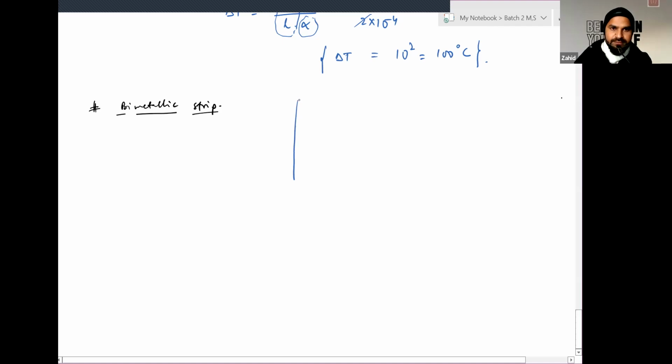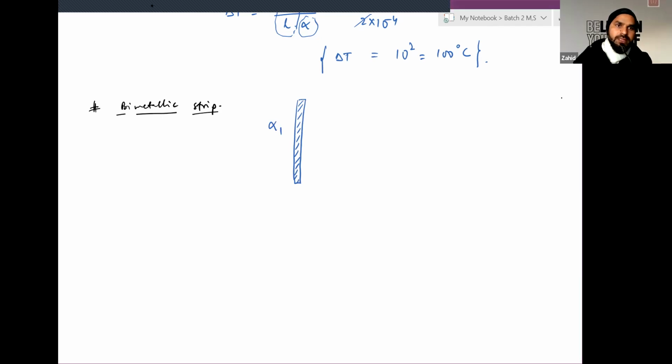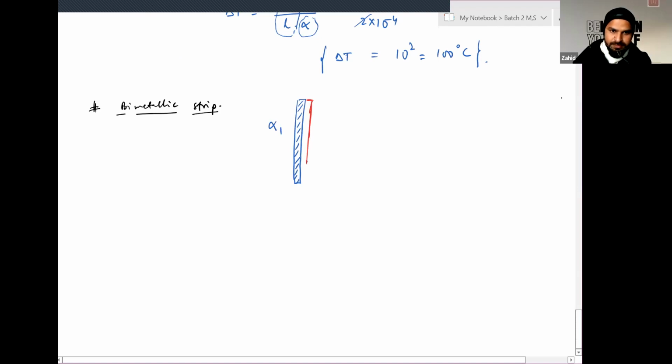Suppose you have a rod, this one, having coefficient of linear expansion alpha 1, and another rod, this one, having coefficient of linear expansion alpha 2. Now just consider alpha 1 is greater than alpha 2.